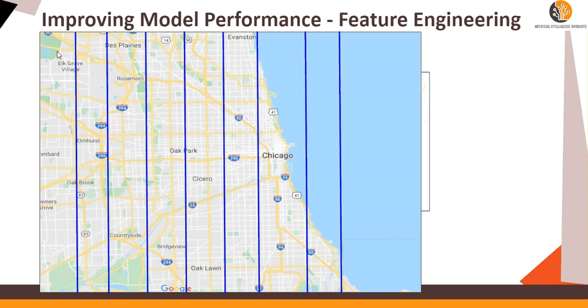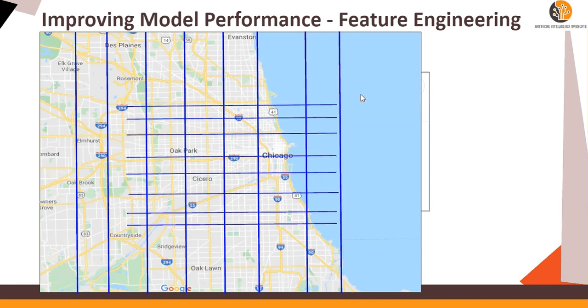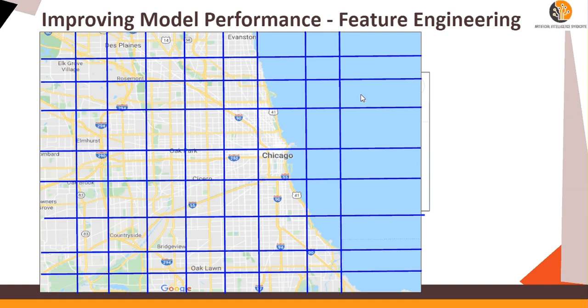So this is one bucket, 2, 3, 4, 5, 6, 7, 8, 9. In the code, I have used 5 buckets. And then in the horizontal, I am dividing into the same number of buckets. What I got is a cell.